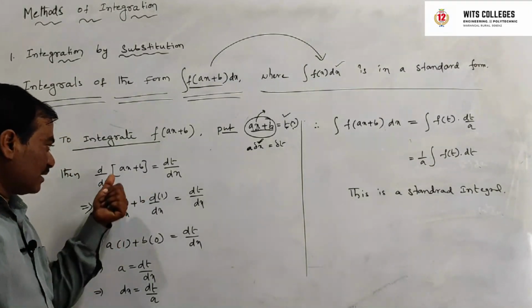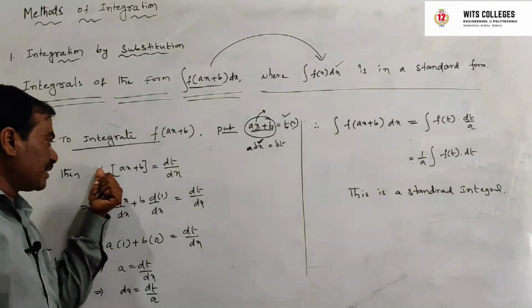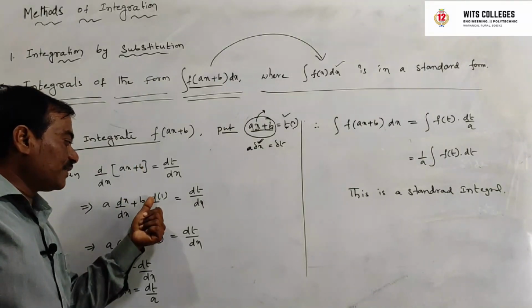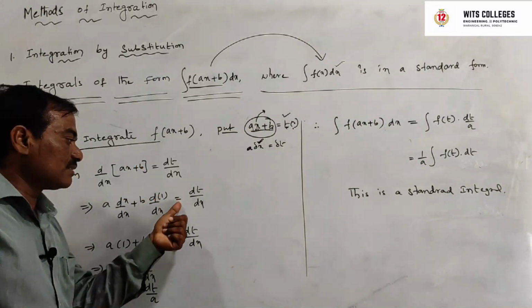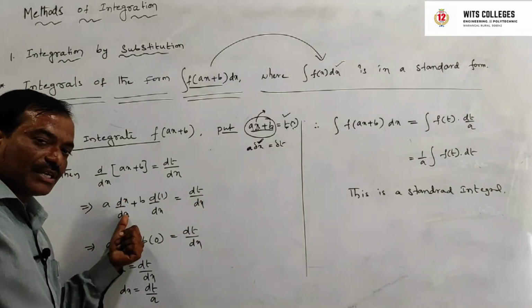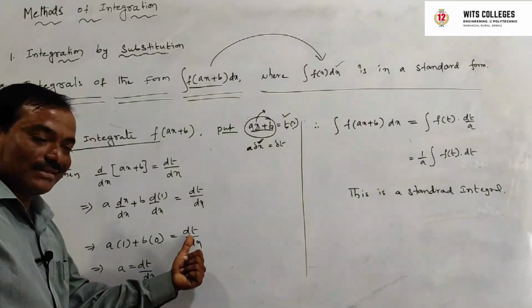Therefore, where a is a constant, we take it outside the differential operator. So this becomes a dx by dx plus, where b is a constant, the differentiation of b with respect to x equals dt by dx. Now the differentiation of x with respect to x equals 1, the differentiation of a constant equals 0.